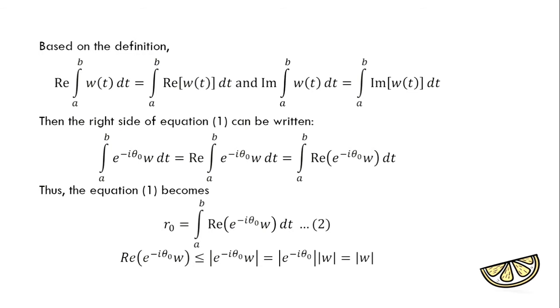The real part of e^{-iθ0} w is less than or equal to the absolute value of e^{-iθ0} w, which equals the absolute value of e^{-iθ0} times the absolute value of w, so equals the absolute value of w.